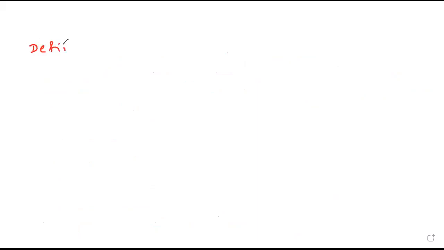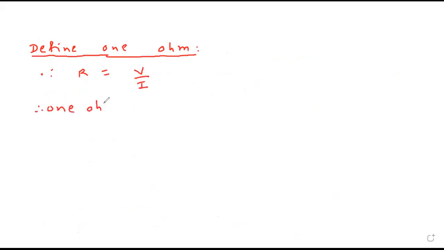Define 1 ohm. Since R equals V upon I, therefore 1 ohm equals 1 volt upon 1 ampere.